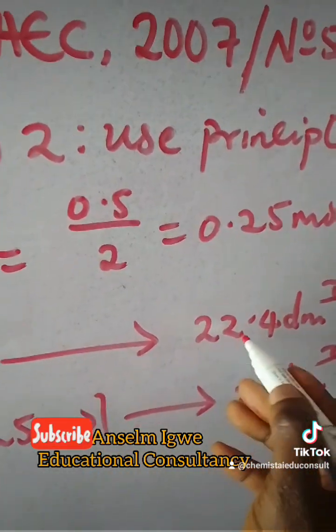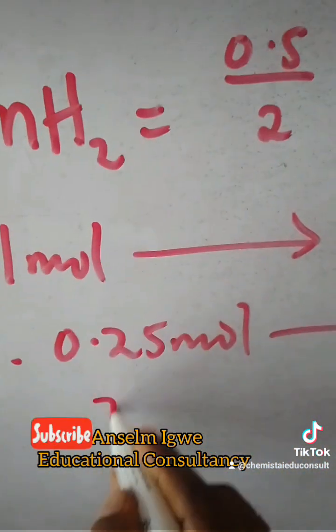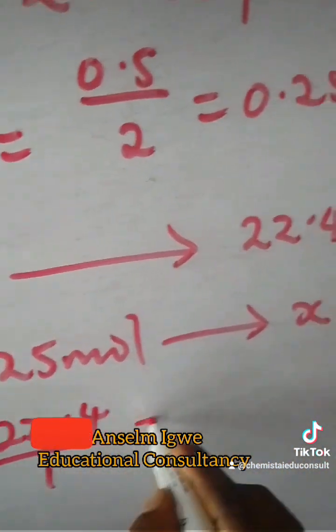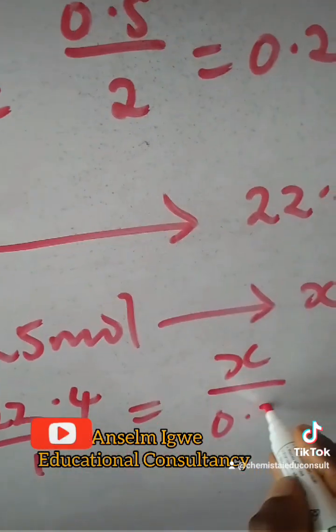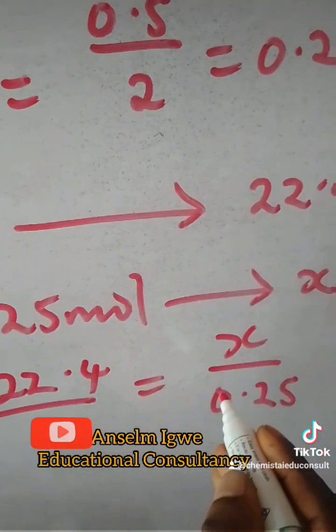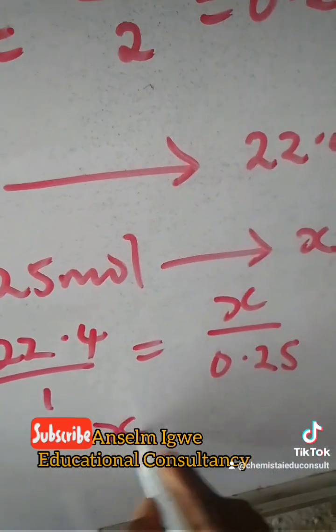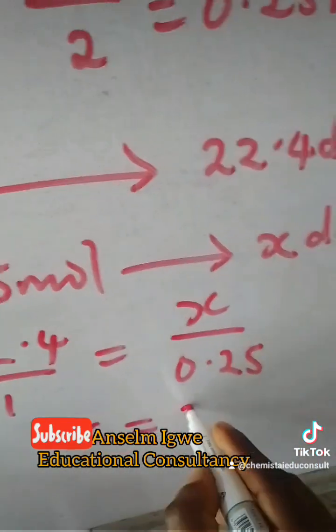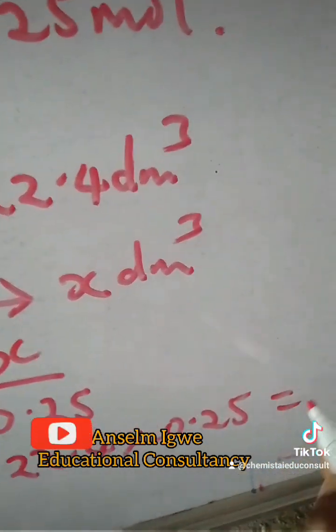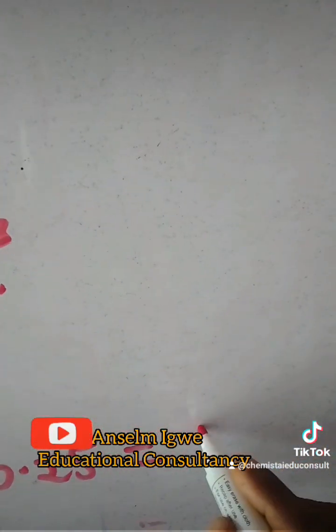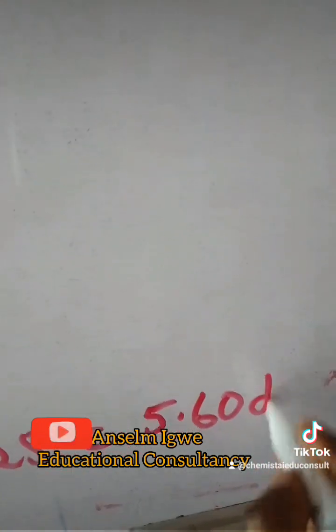You run the proportion: 22.4 over 1 equals x over 0.25. So x times 1 is x, equals 22.4 times 0.25. You are going to still get 5.60 dm cube.